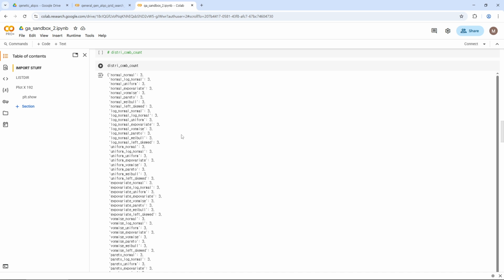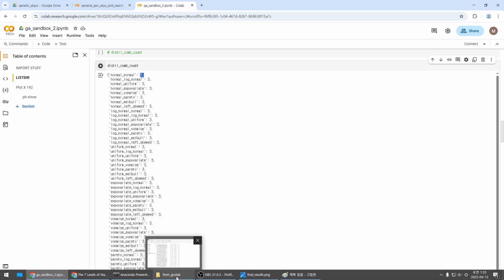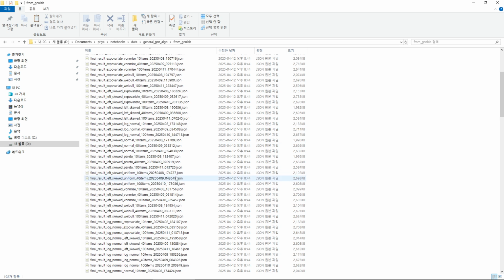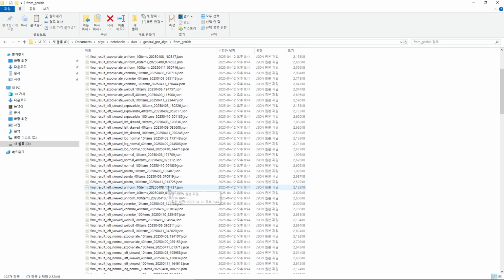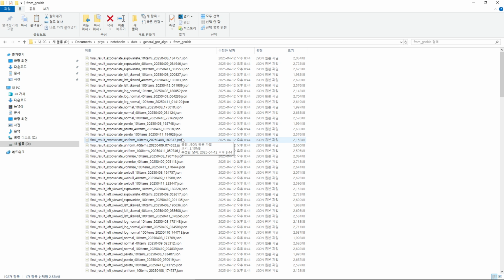So in the end, I just had to make sure that normal had 3 files, because it's normal 10 items, that's 1, normal 40 items, that's 2, normal 100 items, that's 3, as you can see here. Same thing goes for every distribution product, such as here: expovariate normal 10 items, 40 items, and 100 items.